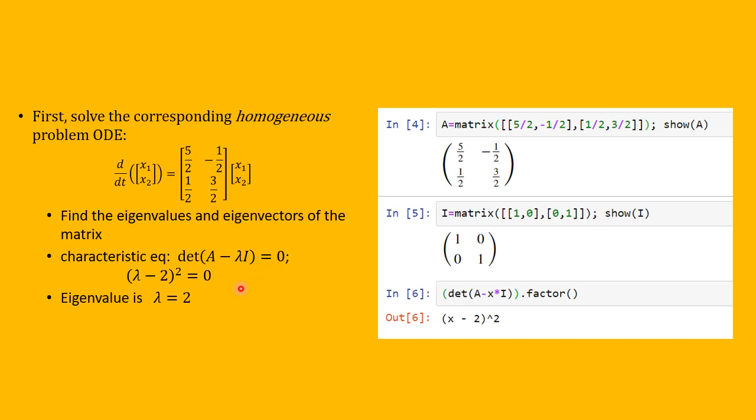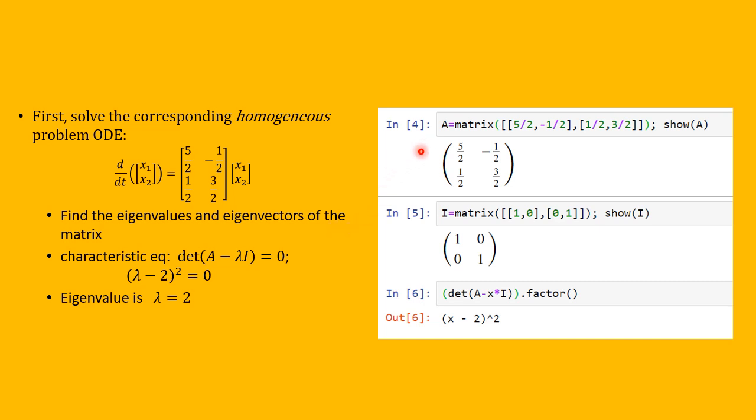Computing this with matrix A, you find the characteristic equation is (lambda - 2) squared equals 0. So there's a double root, and the only eigenvalue is lambda equals 2.